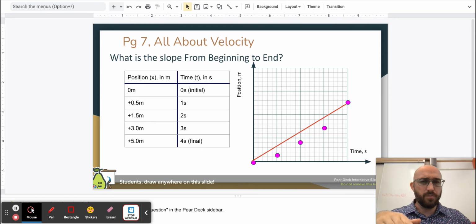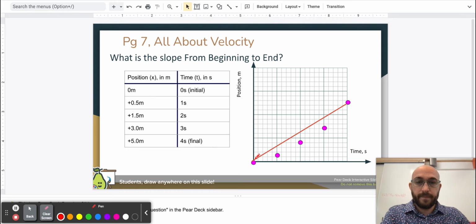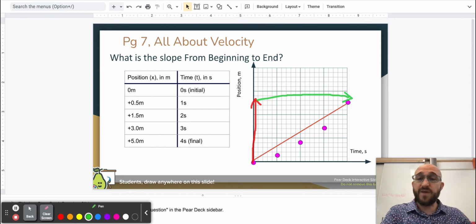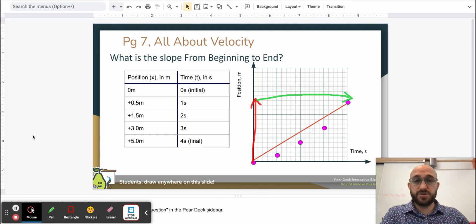What is the slope from the beginning to the end? Well, if you remember slope from math class, that is going to be the rise over the run. It's going to be how high up you go divided by how far over you go. And you're going to divide those two numbers.